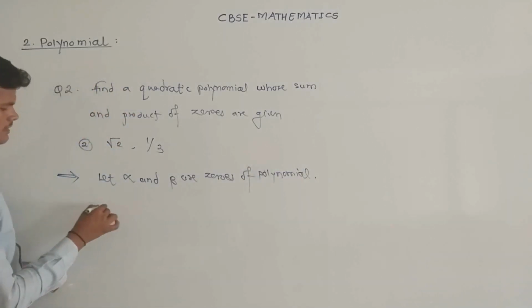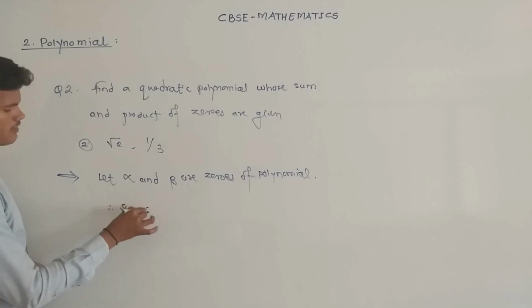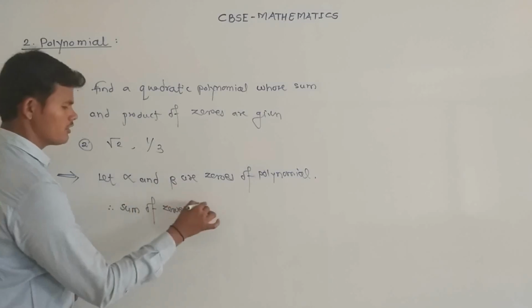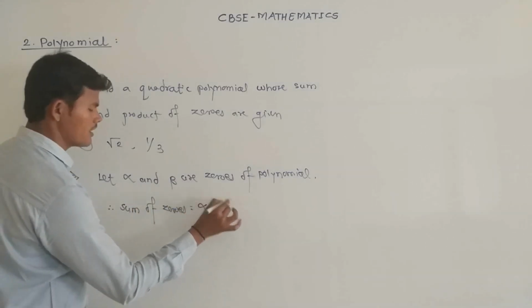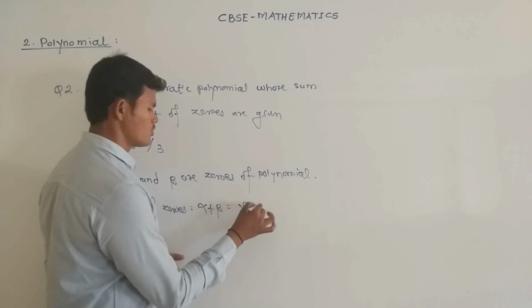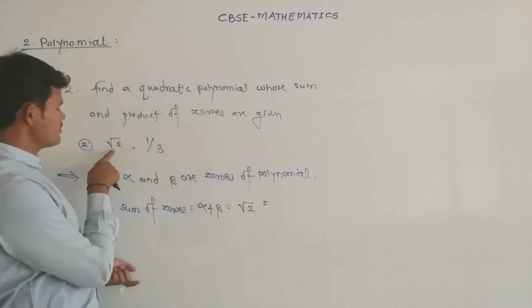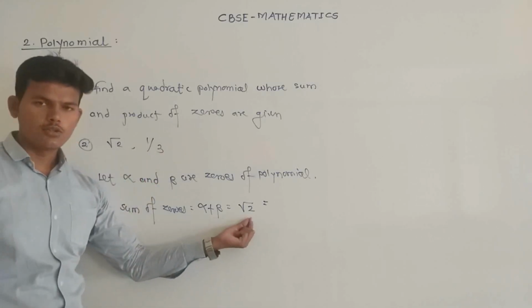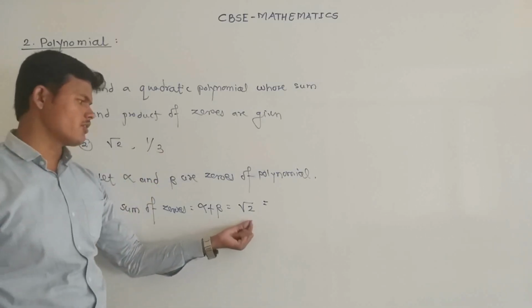Therefore, sum of zeros: alpha and beta are the two zeros, that is alpha plus beta is equal to under root 2. So sum of zeros is under root 2 and product of zeros is 1 by 3. Here, under root 2 is in the simplest form.